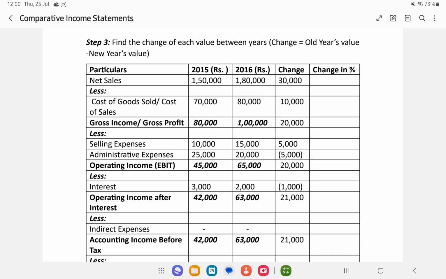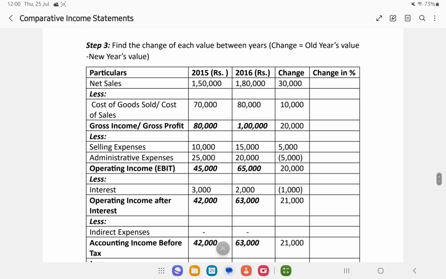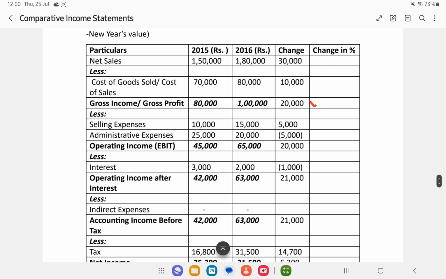Similarly, we can find change for everything. The cost of goods sold in 2050 was 70,000, but in 2060 it became 80,000. That means there was an increase of 10,000. Next, we will see how the gross profit has increased, and the selling expense, everything goes the same. But see here, administrative expense was 25,000 in 2015.